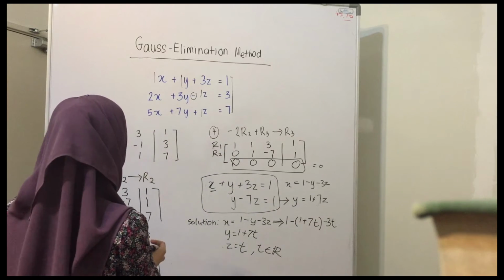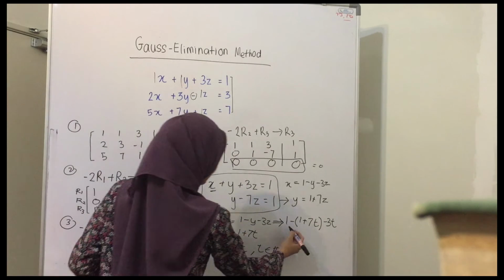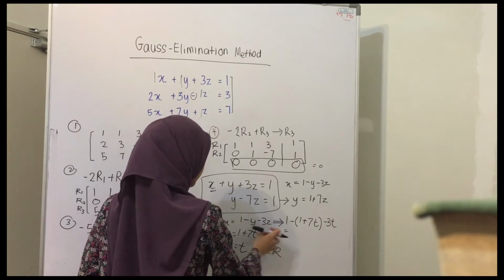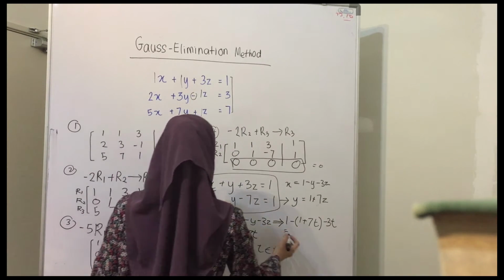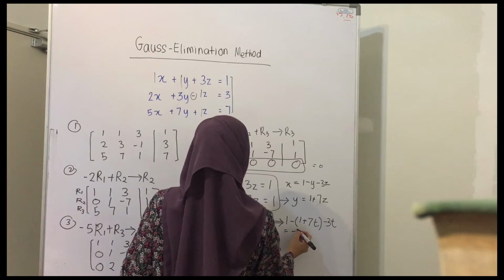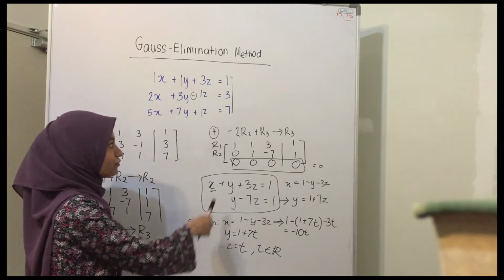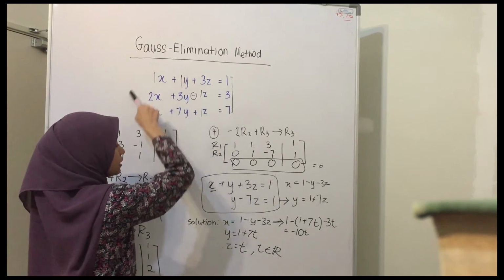And then we calculate the value to get x, which is equal to negative 10t. So this is the solution for the equation given.